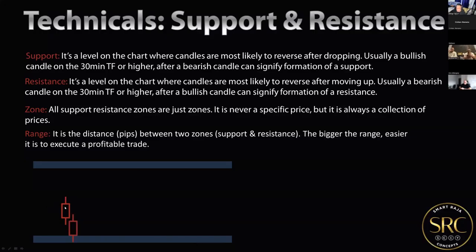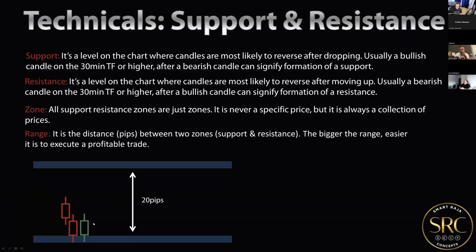Let's say price is coming down to support, and we form a bullish candle right here. Let's say this is a 20 pip range. Is this a good range to trade?